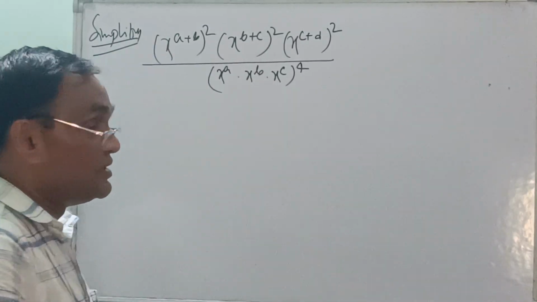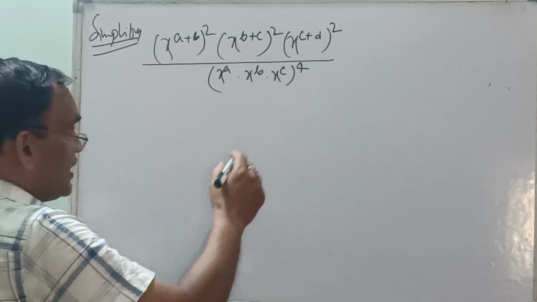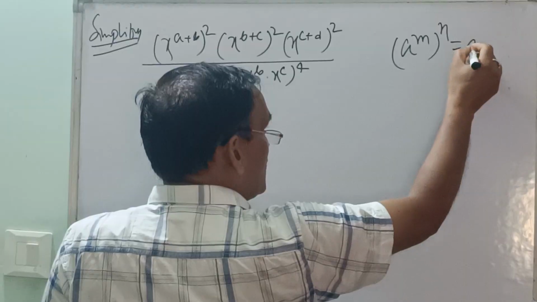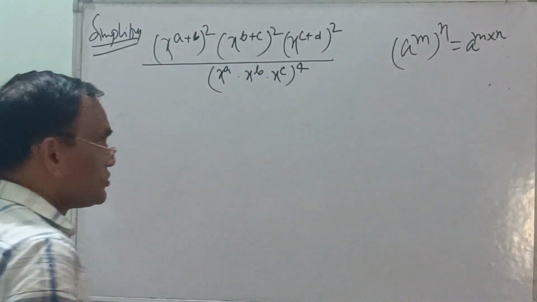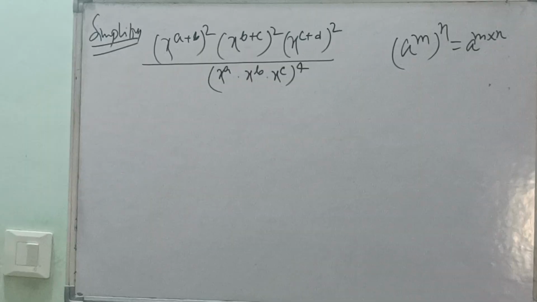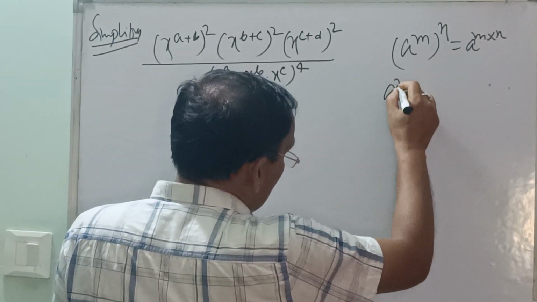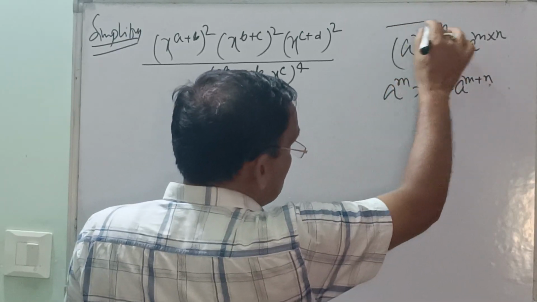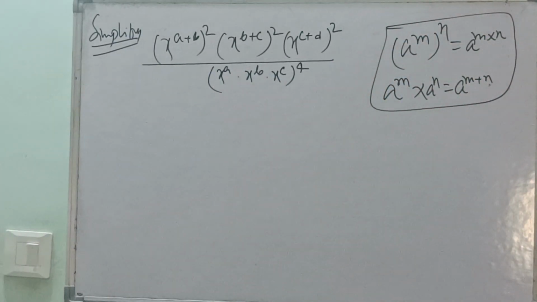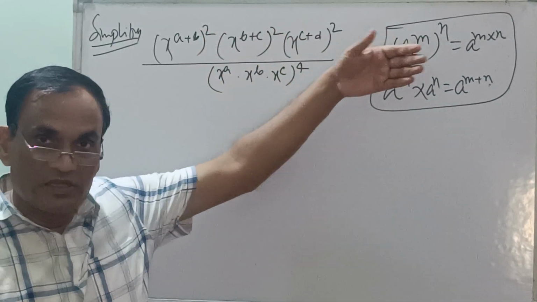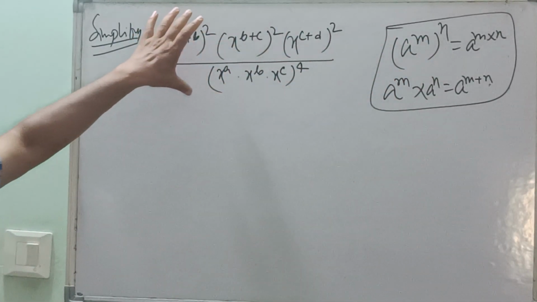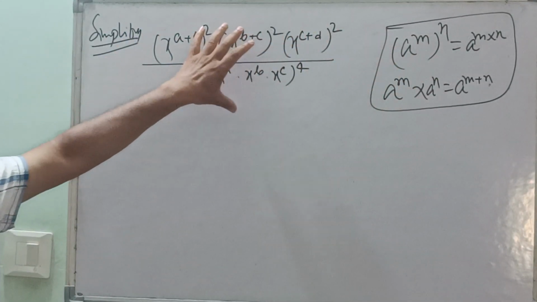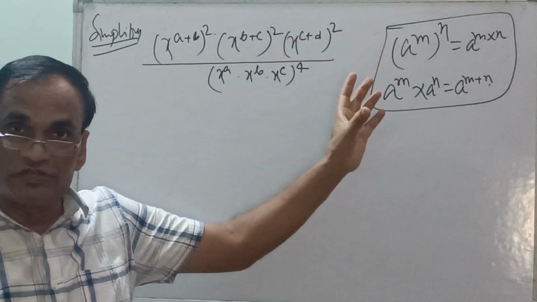What we already discussed in previous classes: a to the power m, raised to the power n, we can write as a to the power m into n. Again, a to the power m into a to the power n, we write as a to the power m plus n. These are hints for you. These two laws can solve this question, and we'll repeat the same laws here also.